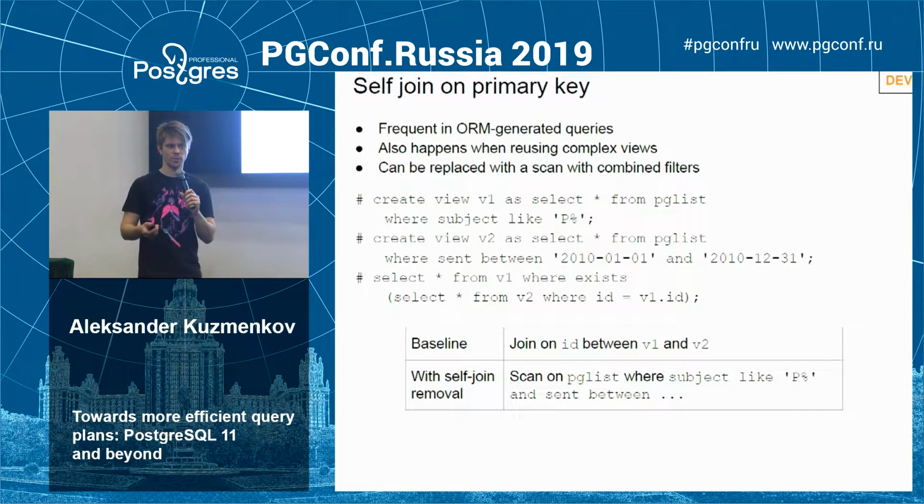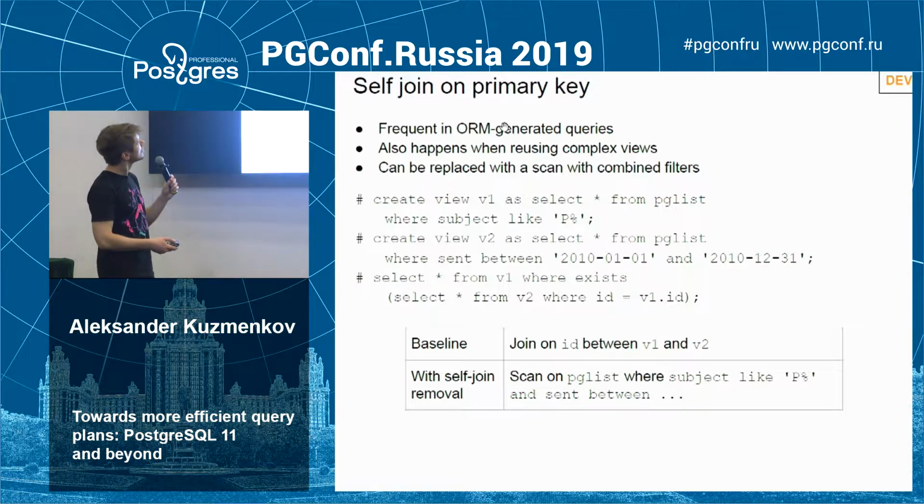When we have several views like this and we would like to join them, we can come up with problems. Like we have a couple of views for our archive. The first one selects all messages where subject is like P, and the second view selects messages for 2010.